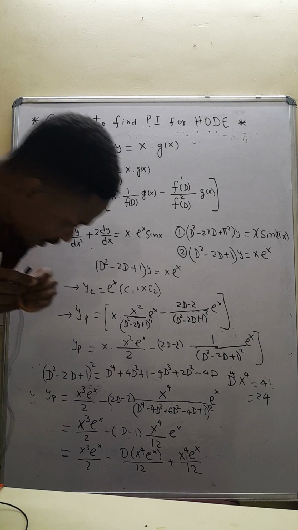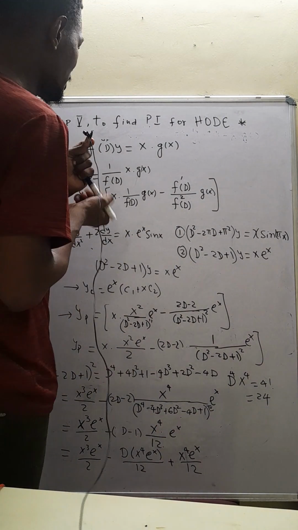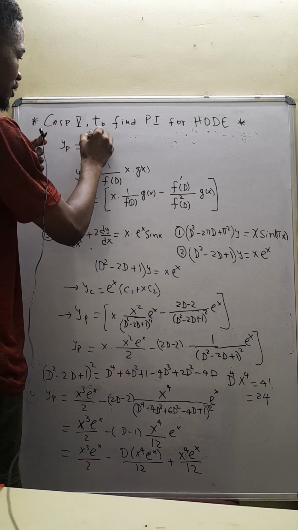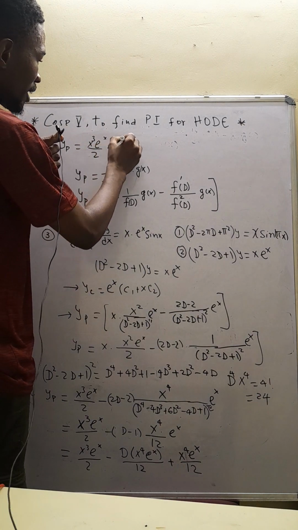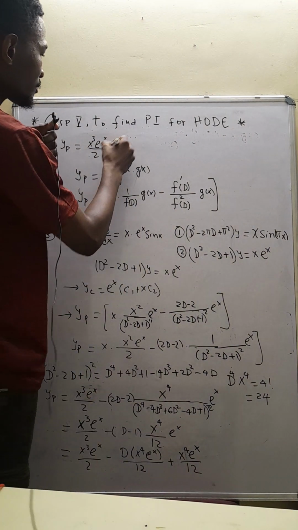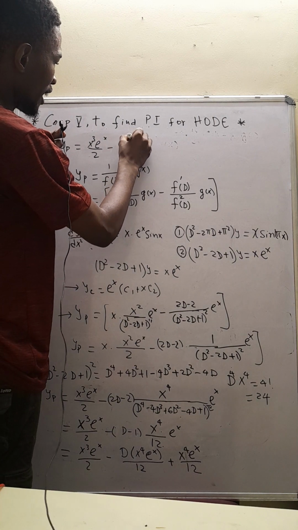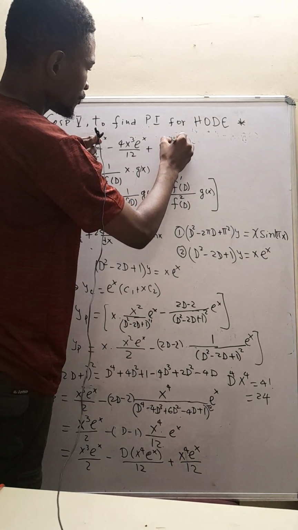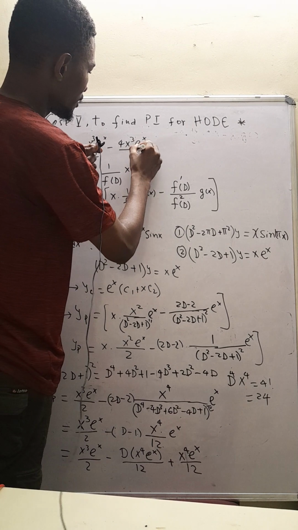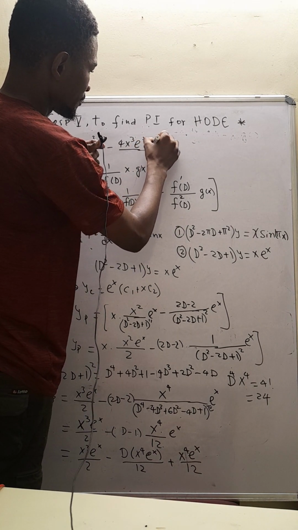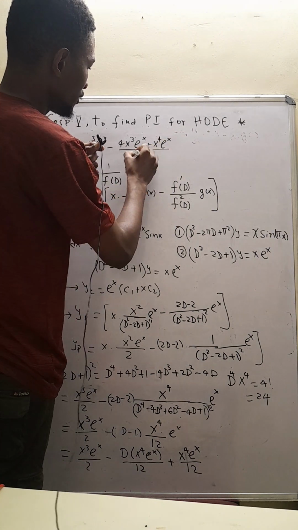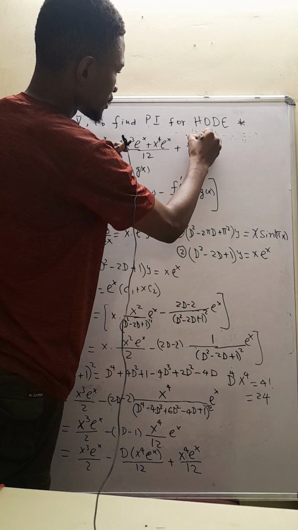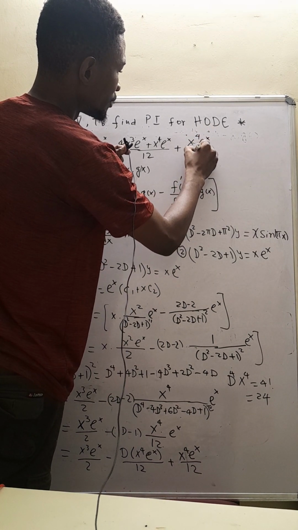Now that it is like this, I have no more space there, so I will write here up. So yp will be x raised to 3 Euler raised to x upon 2 minus differentiation of this part here. First, it will be 4x cubed Euler raised to x upon 12, then plus x raised to 4 Euler raised to x upon 12.